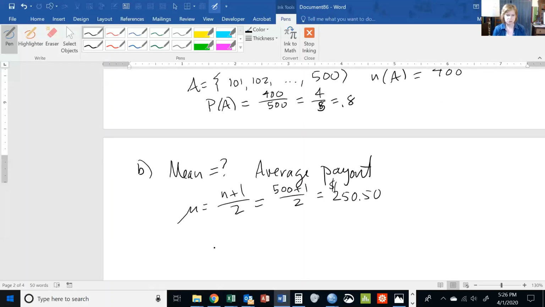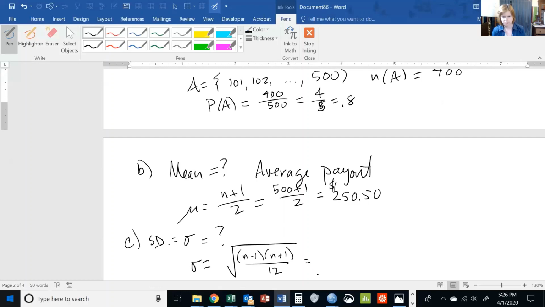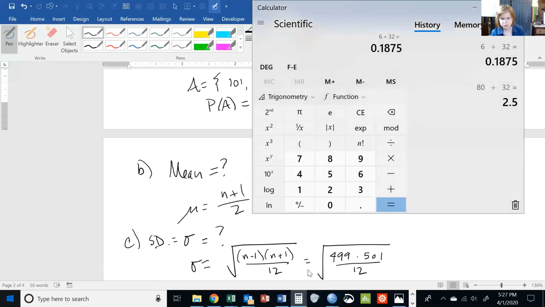All right, what's the standard deviation? Sigma here is the square root of (n minus 1)(n plus 1) over 12. n minus 1 is 500 minus 1, that's 499, and n plus 1 is 500 plus 1, that's 501, over 12. So 499 times 501 over 12.